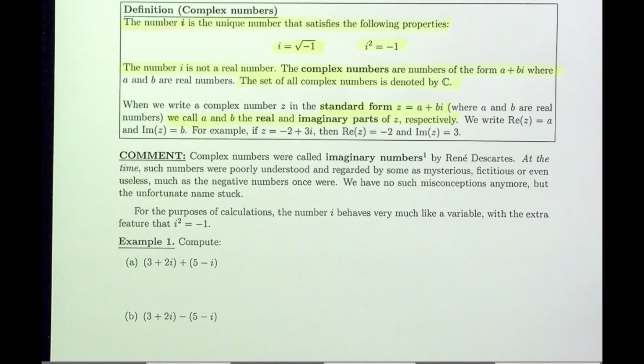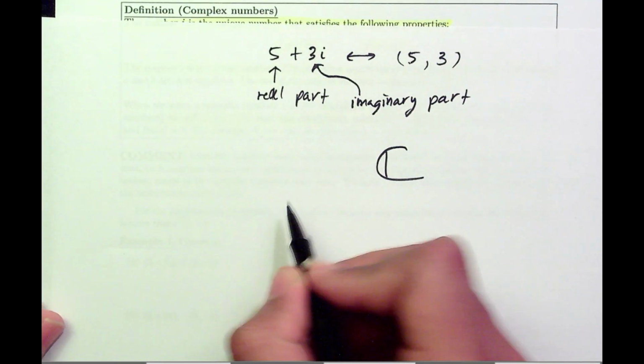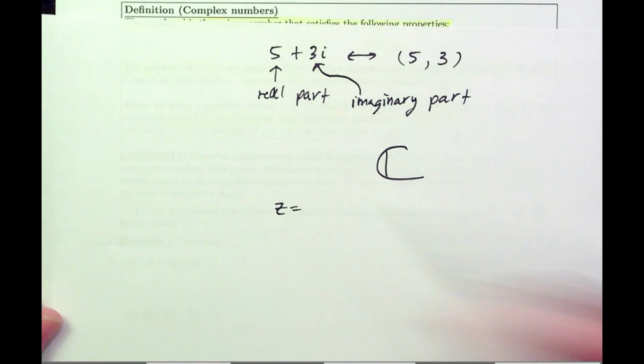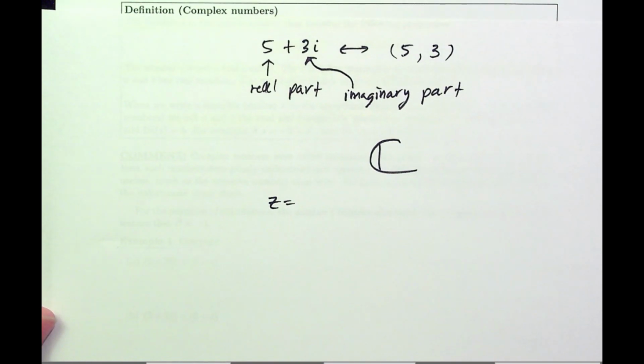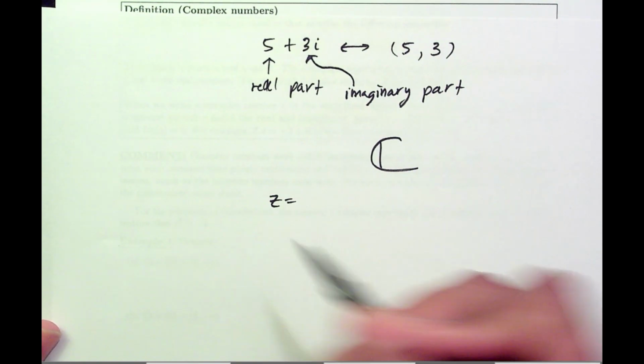And the real part is denoted by Re. The last letters of the alphabet, w, v, and z, are typically very popular for complex numbers. That's why I'm using the z.